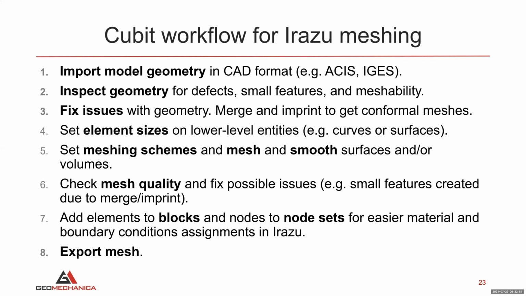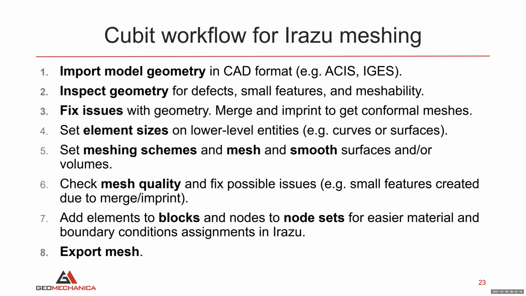Generally, as I said, your geometry is coming from natural systems, so you might have some sort of a geological modeling software or other CAD software where you have your domain geometry. So you would start by importing the model geometry, typically in some sort of a CAD formats, such as ACIS, IGES, and so on.